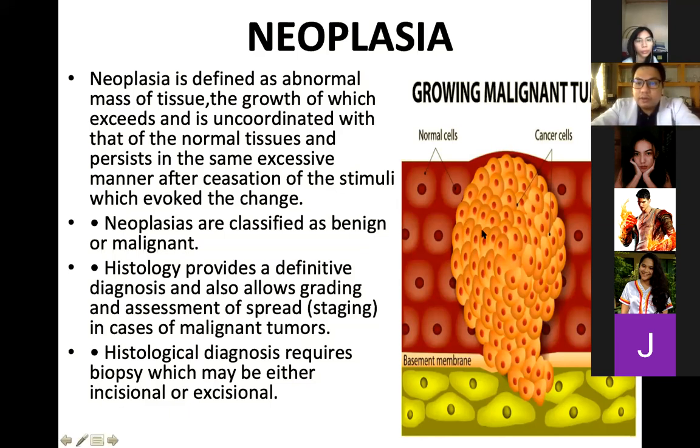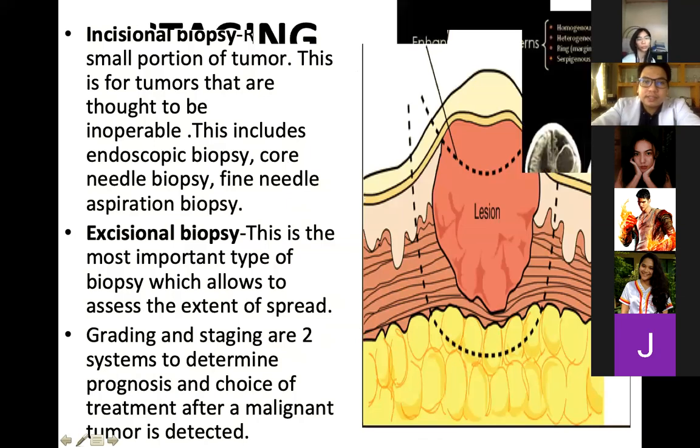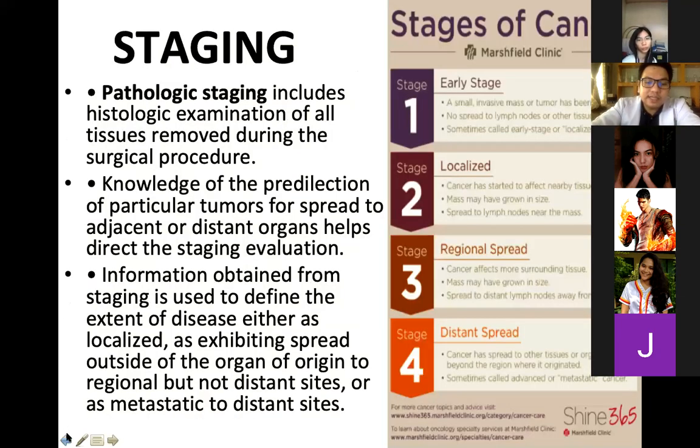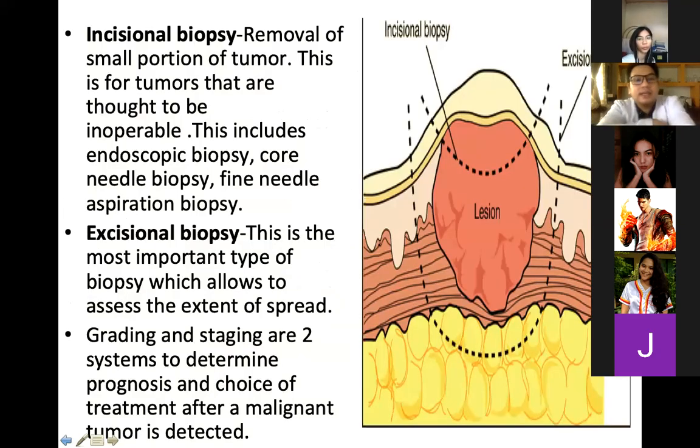If you look at the picture, class, ito yung normal cells. Ito yung neoplasia or the developing cells ng tumors. Types of biopsies. Incisional biopsy, removal of a small portion of the tumor. This is for the tumors that are thought to be inoperable.